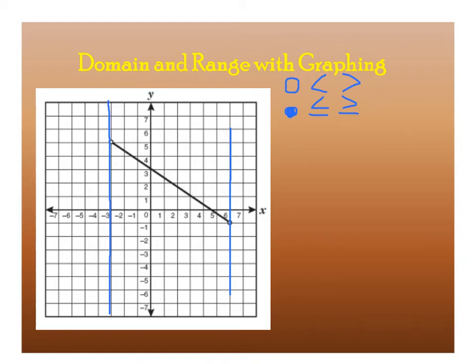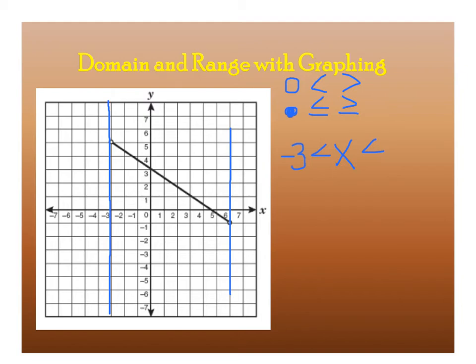So now, when we look at this and we are talking about the domain, we're talking about the x coordinates or x variable, okay? So our lowest point that our graph goes on the x-axis is -3. So -3 is less than x, because it has the open circle.